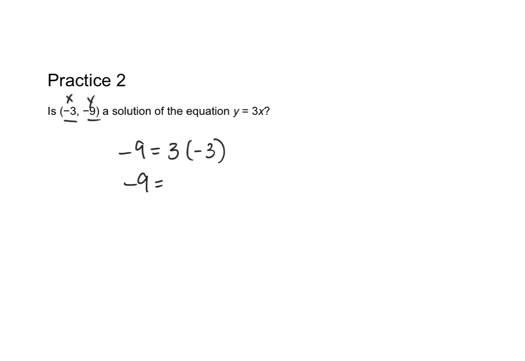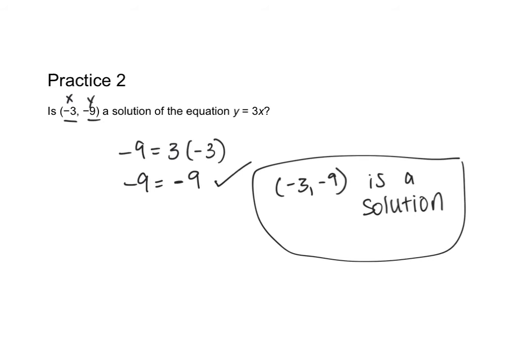When you have different signs and you are multiplying, that is always going to be negative, and it's -9. Absolutely. So (-3, -9) is a solution. Why? Because when we plug it in, it is a true equation.